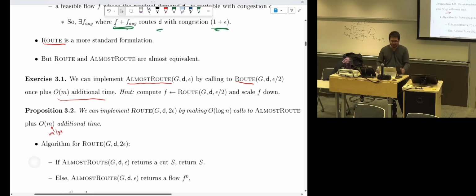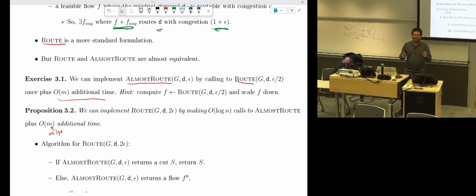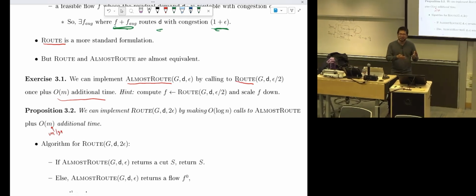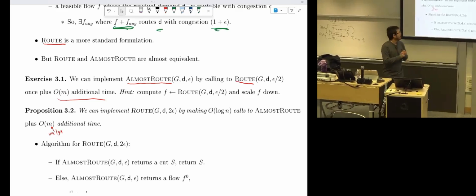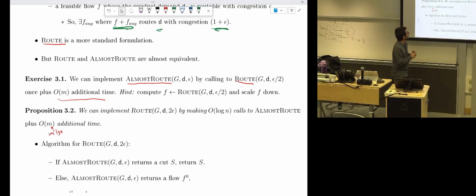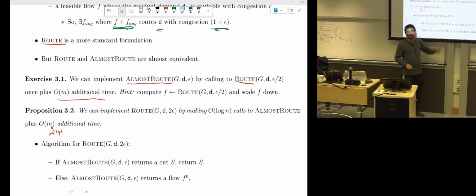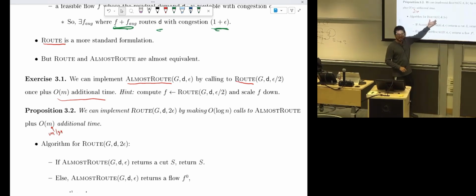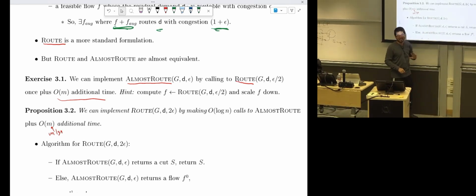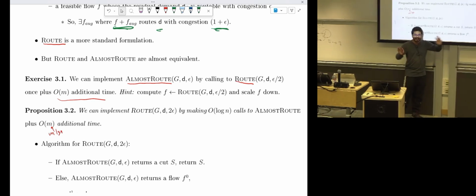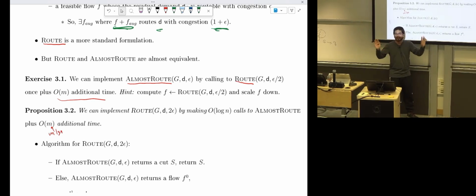Once we see this, we're going to see how to solve almost route. For now, let's see how to solve route using almost route. The first step is I just call the almost route subroutine. If it returns a cut, then it's the same cut that we want, so we are done.